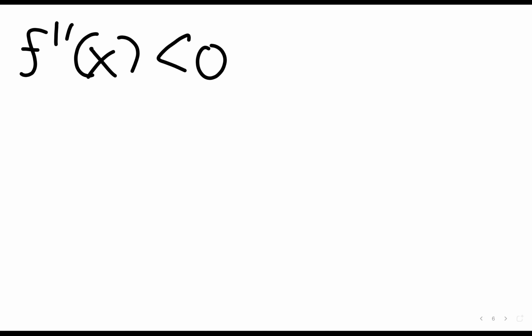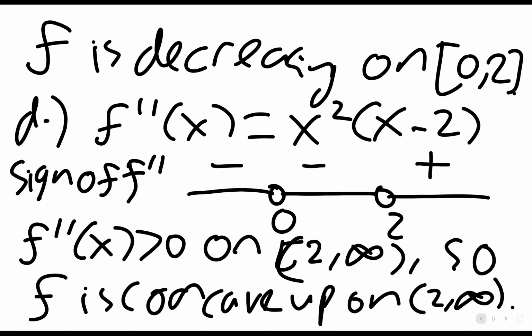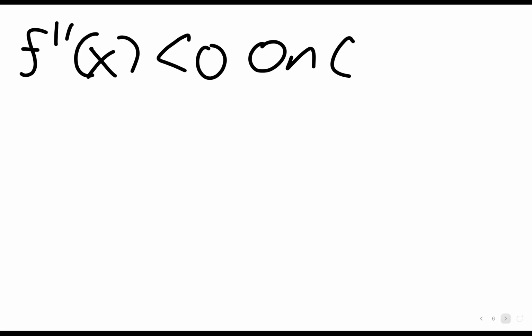We know that f double prime of x is negative on minus infinity comma 0 union with 0 comma 2.